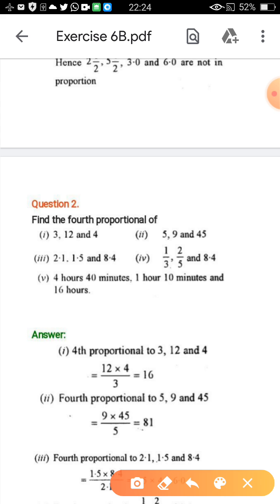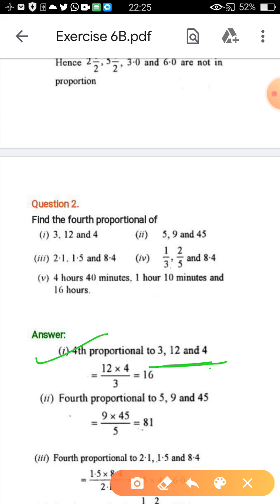First example, fourth proportional. Whenever we have to find the fourth proportional to 3, 12 and 4, how to find?